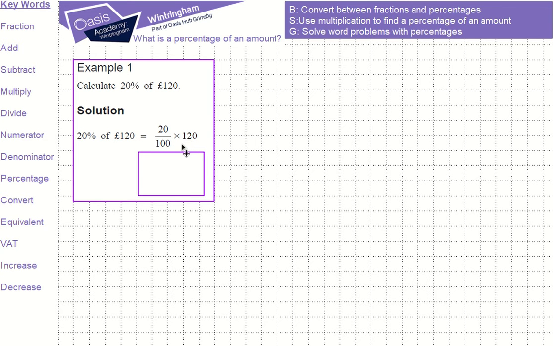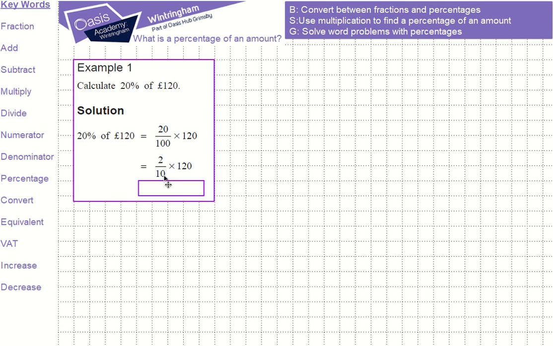Now if you think back to when we were looking at fractions, the word of just means multiply. So we can change of to a multiply. Use a calculator if you need to, so 20 over 100 multiplied by 120. If you're doing this without a calculator, we can simplify this fraction first.